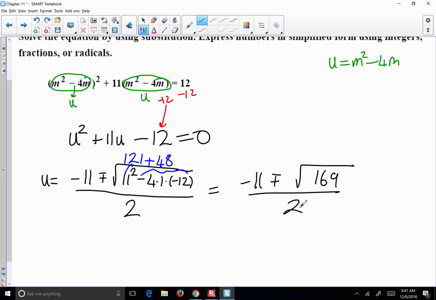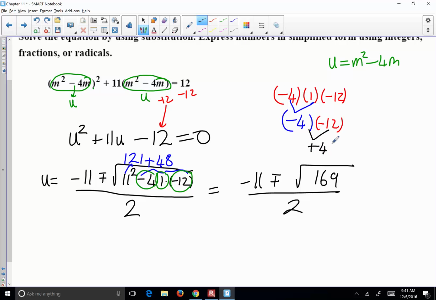Okay? Good question. Is it minus 48 or not? Look, I multiplied minus 4, 1, and minus 12. When I multiply the first two, it's minus 4. When I multiply the latter two, it makes positive 48, right? Since I involved this minus sign with 4, there is no more subtraction left here. Everything turned into positive, okay?